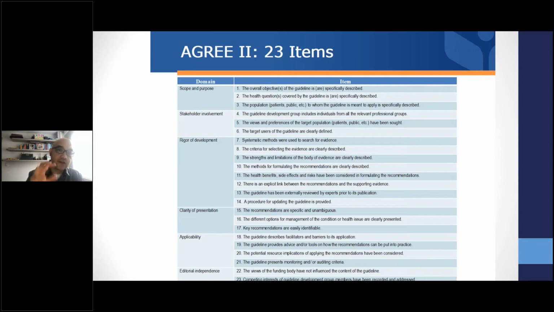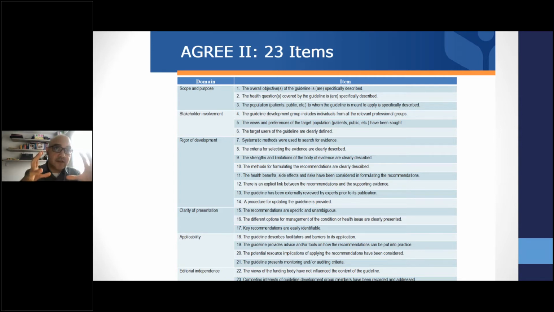That's the first domain. The second domain is stakeholder involvement. Stakeholder involvement is about who wrote the guideline. Who are the people who were invited to be part of that discussion at the table and in providing recommendations? Were all the groups interested in this specific disease invited to be part of the guideline panel?